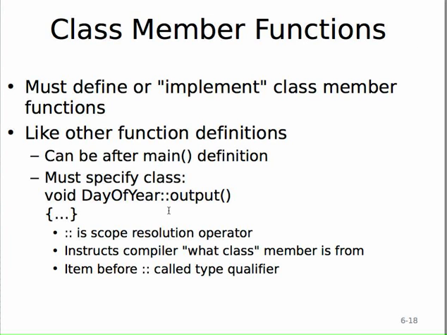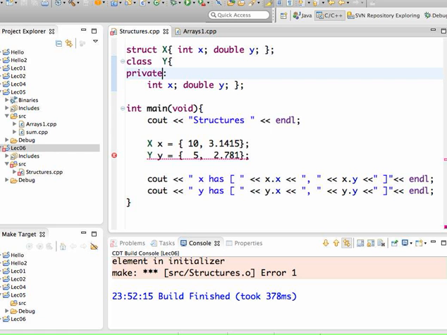Okay, so member functions, which we call methods in Java, must be defined or implemented. You have to declare it and then define it, or it turns out you can also do it in one step, just like in Java. Usually you don't, well, you see both, I guess. So here's what you do.